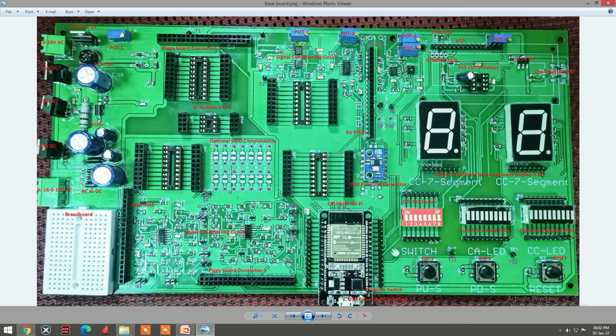All right. So with this, I think I have discussed the concept of a breadboard, and on this breadboard, the concept of a baseboard.